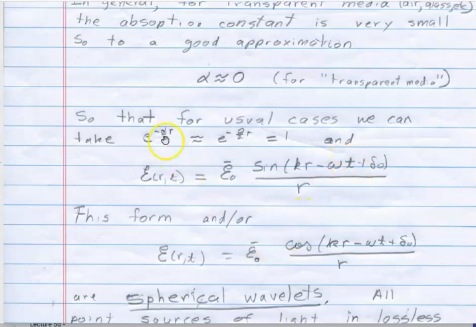So even though alpha may be small, for large distances r, this factor is not necessarily equal to 1. But for laboratory scale optics, this E is just this constant, again kind of a spherical amplitude times this factor. Again, the sine could be a cosine function.